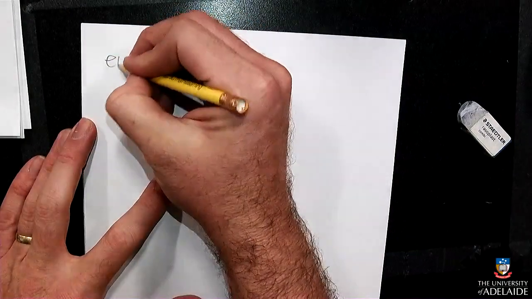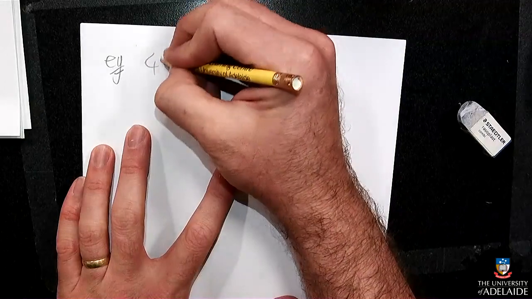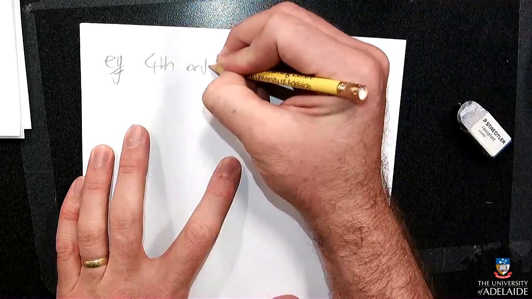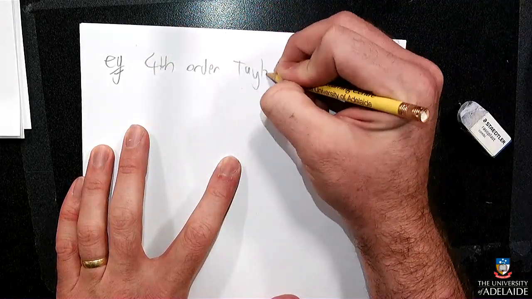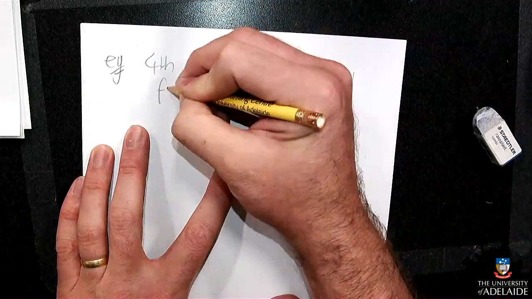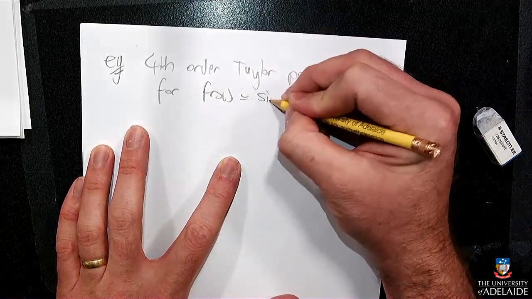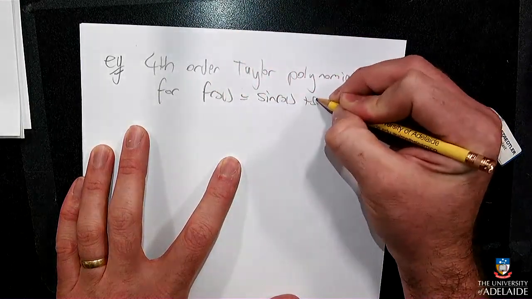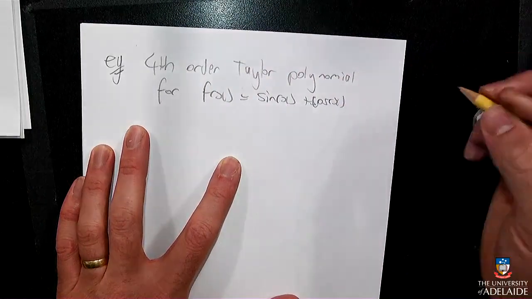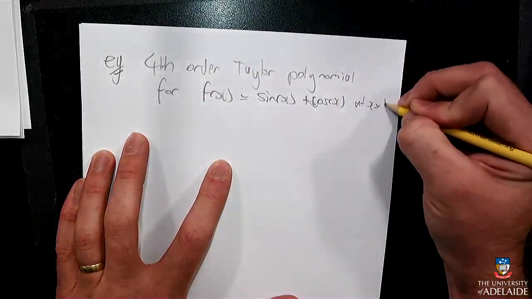Okay, sorry. So let's do the 4th order Taylor polynomial for f of x, which is going to be sin x plus cos x at x equals pi on 2.